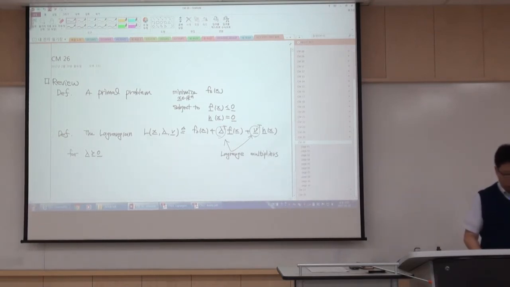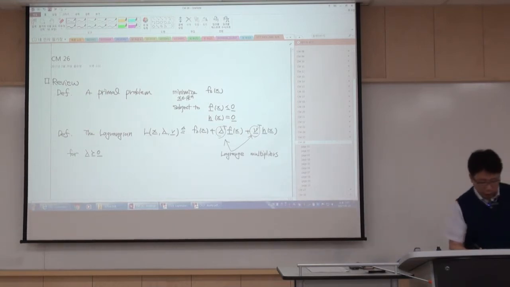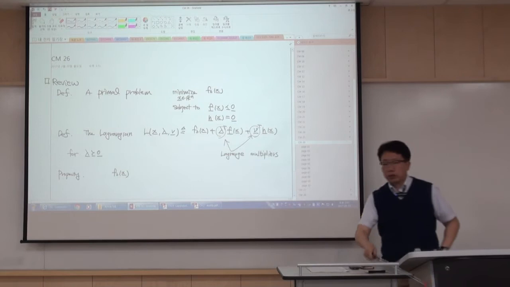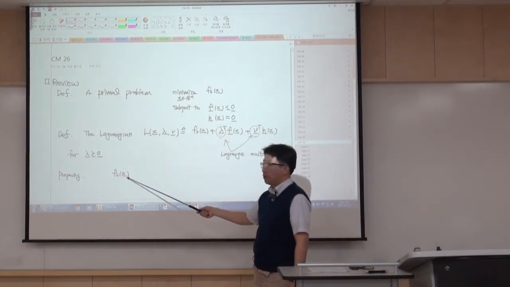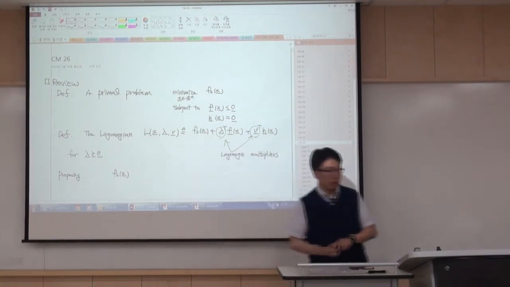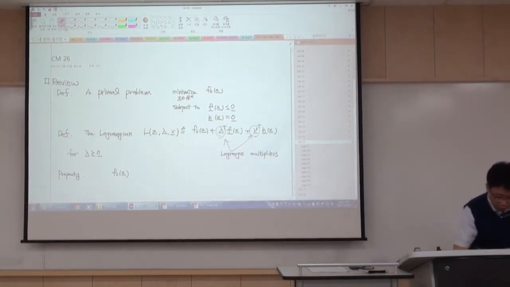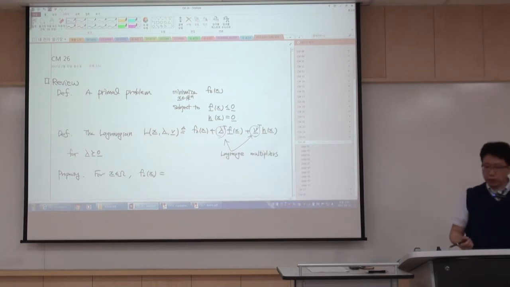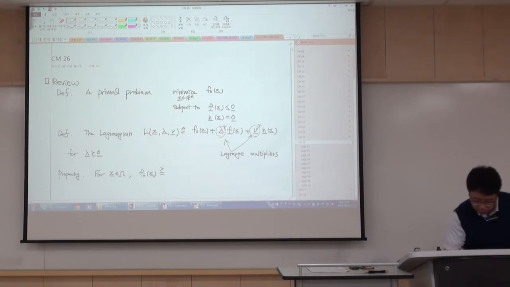Then, what kind of property do we have? Let's compare with the objective function value at some feasible x first. For x feasible, which means x in omega, f0 of x equals what? Actually, not equals, greater than or equal to L of x, lambda, nu for lambda greater than or equal to 0.